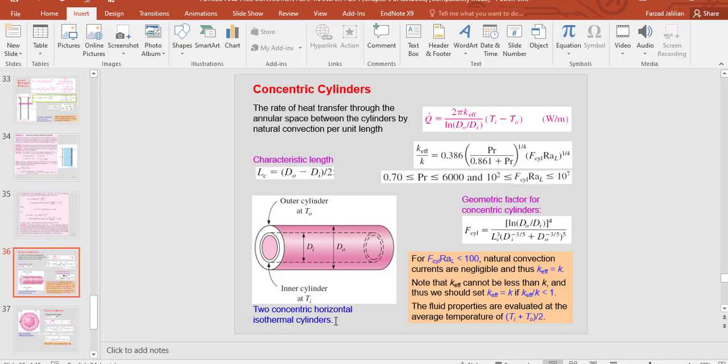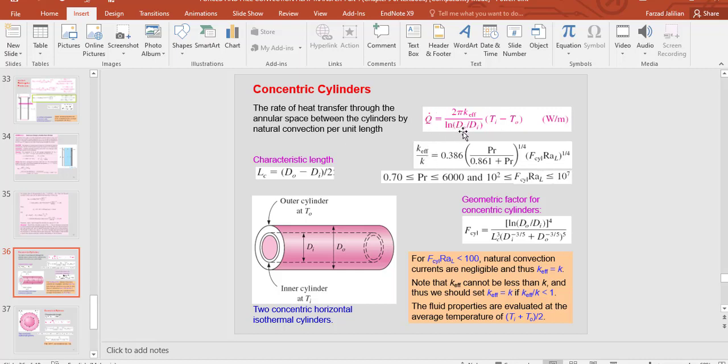Now we are going to find out how the natural heat transfer works for a geometry like this. The rate of heat transfer for an object with this configuration and geometry can be defined by this equation, which is natural convection per unit length actually.